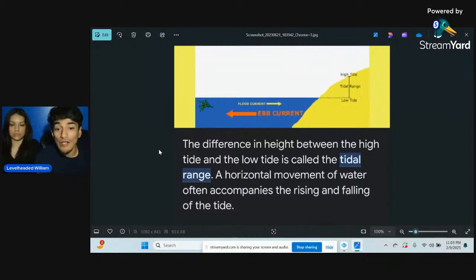A horizontal movement of water often accompanies the rising and falling of the tide. So this is the mainstream. They even acknowledge that high tide and low tide involve a horizontal movement of water. In my opinion, it's the reorientation of water. But again, what is the tidal range when it comes to the tides?